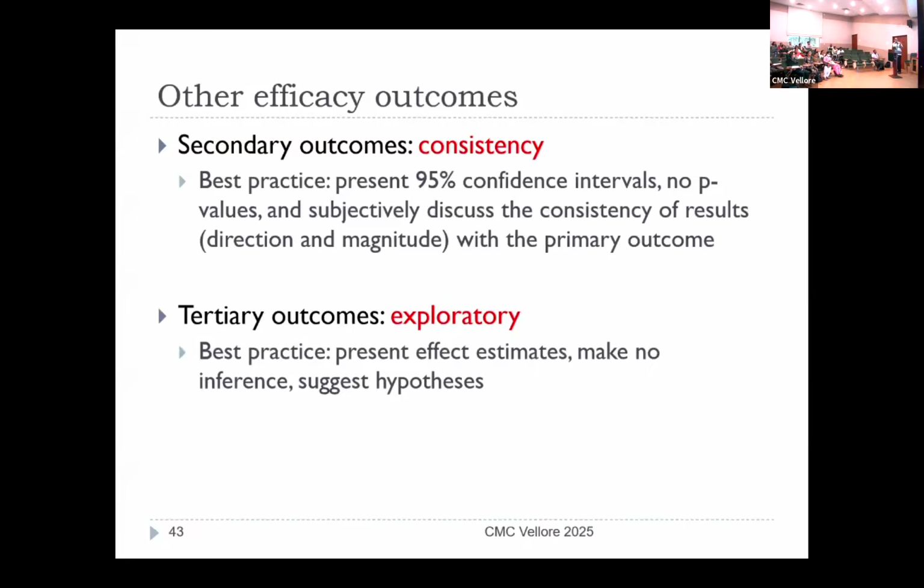The tertiary ones sometimes are confused. Some people only have secondary. Some people make that distinction. And like I said again, who knows how they decide what is secondary, what is tertiary. There are no guidelines on that. They're called the exploratory outcomes. And best practice for this is just to present the effect estimates, make no inference, and only generate hypothesis.